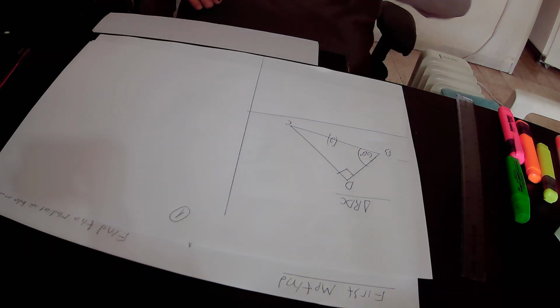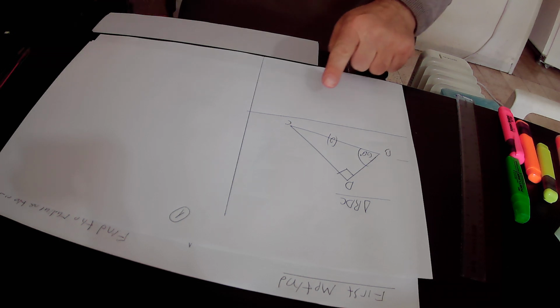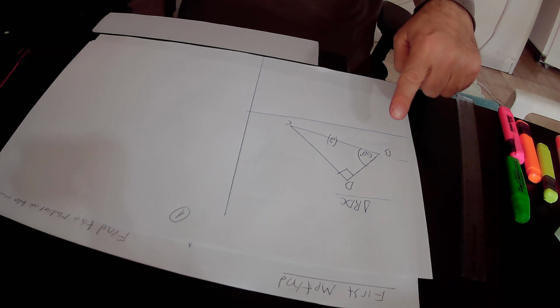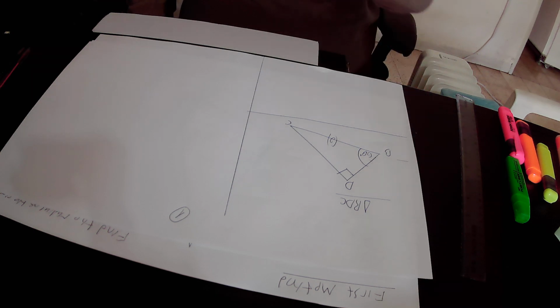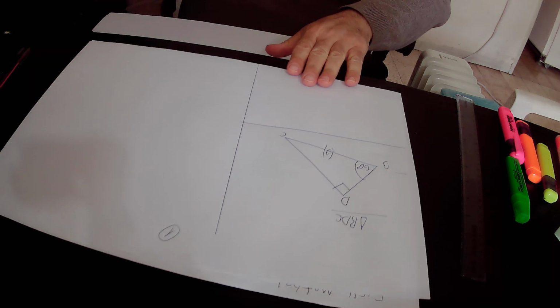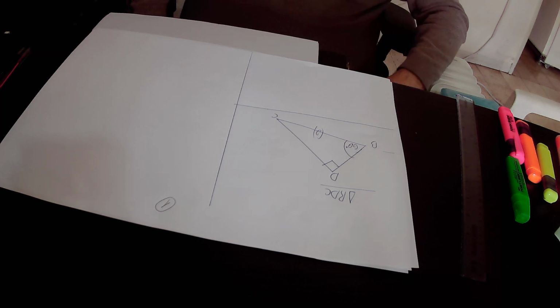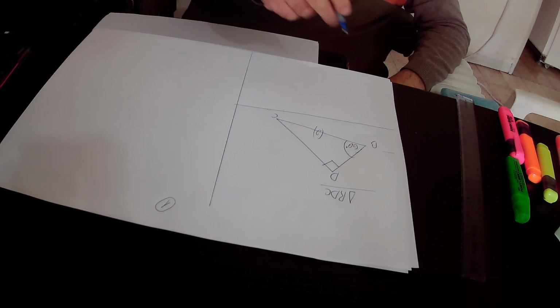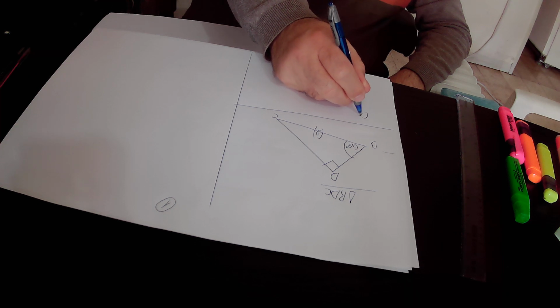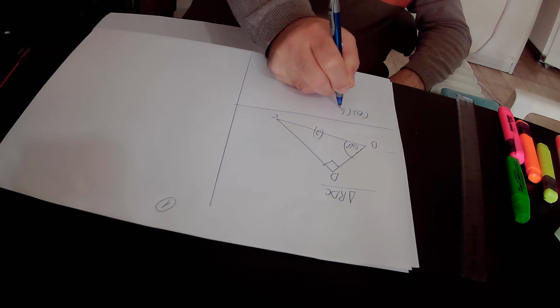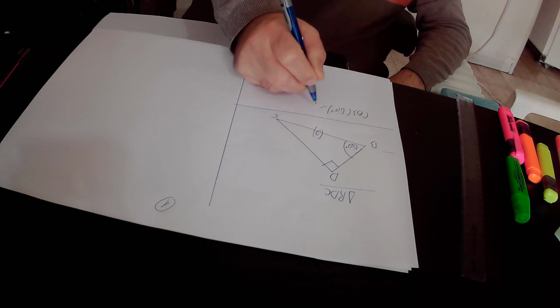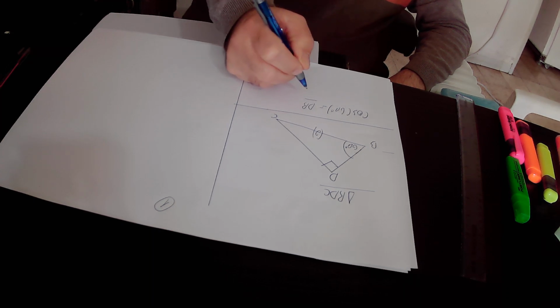So this is triangle BDC that I copied from the original drawing. BC equals 2 and angle DBC equals 60 degrees according to what is given in the question. So in this right triangle DBC, cosine 60 degrees equals DB over BC.